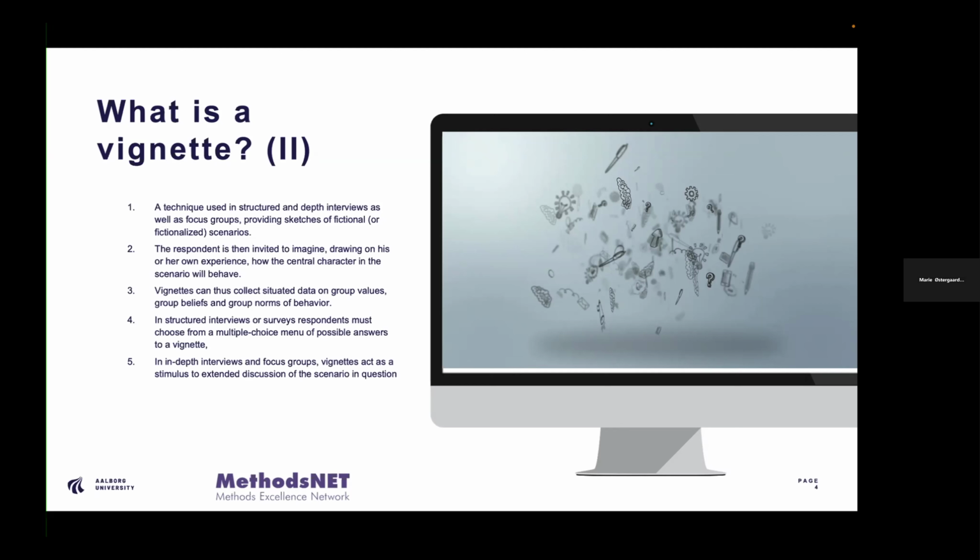Then you can have a long discussion about that in the room, in the focus group. And then at some point you can introduce this storyline or this scenario into the group, and you can steer an extended discussion around this very concrete example.